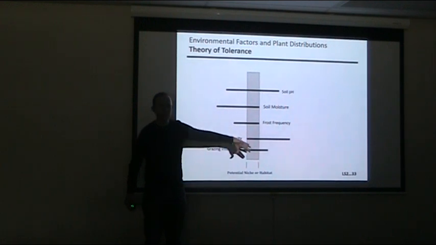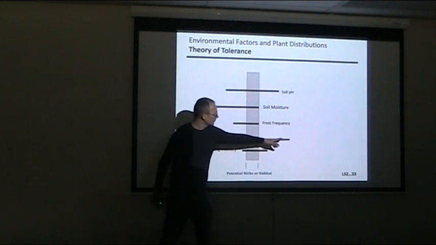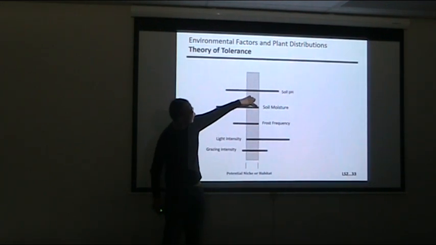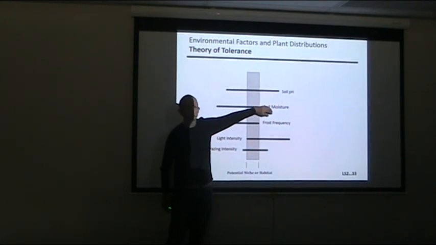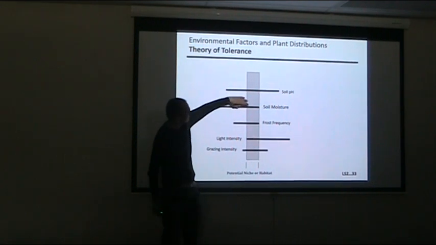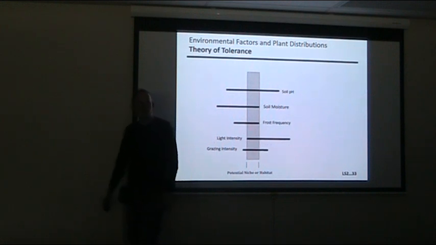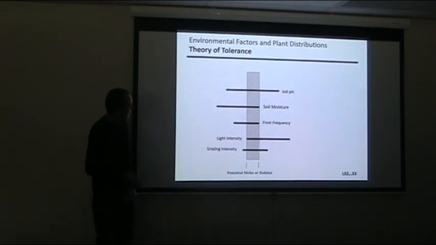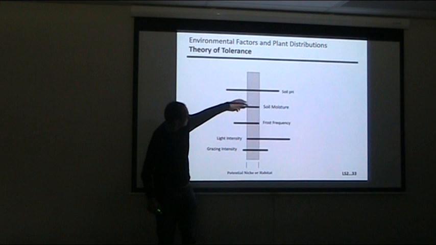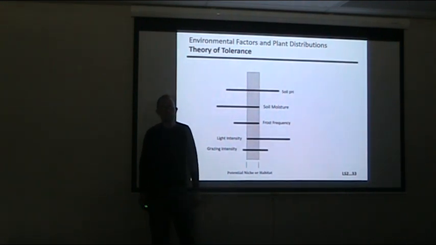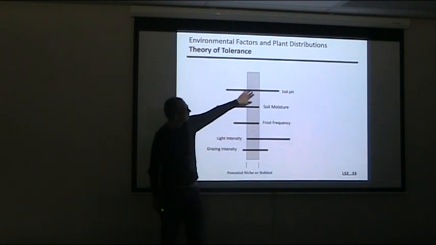But the idea is that there's a lower and upper limit, and whatever is, say this is the maximum, so your maximum soil moisture is setting the limit here. This is the range that the species can occur in, and so that affects its overall potential niche that the species can occur in.